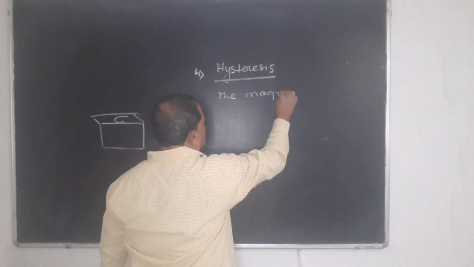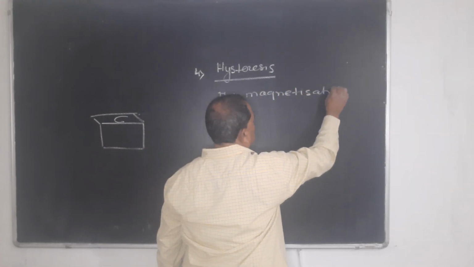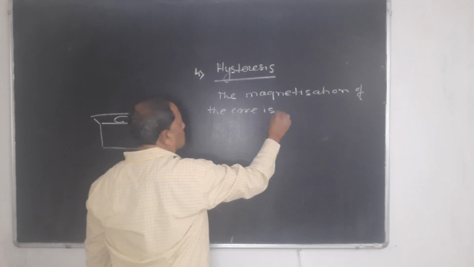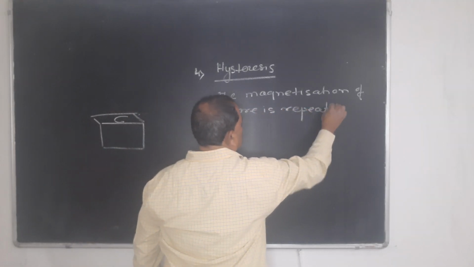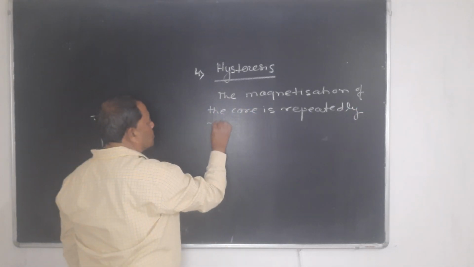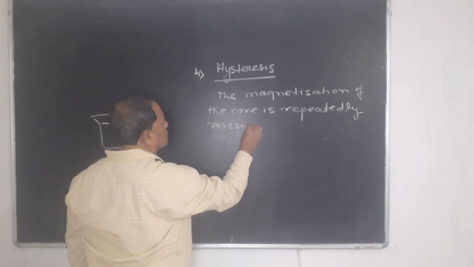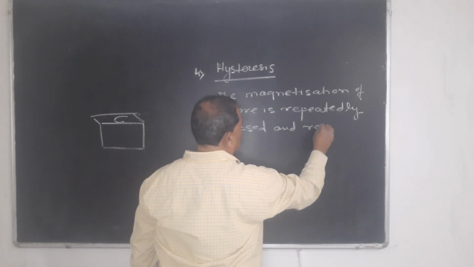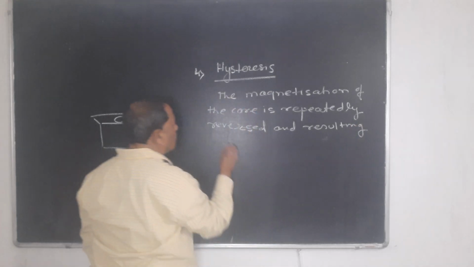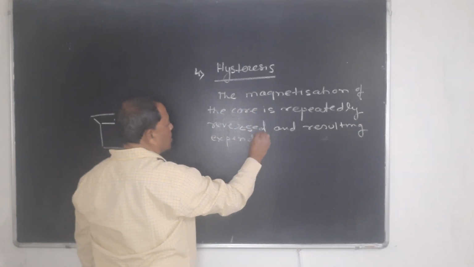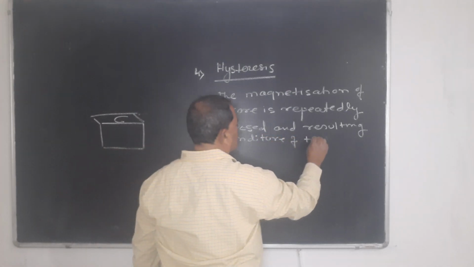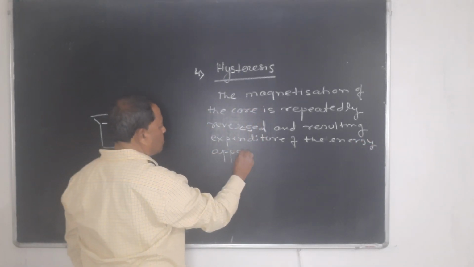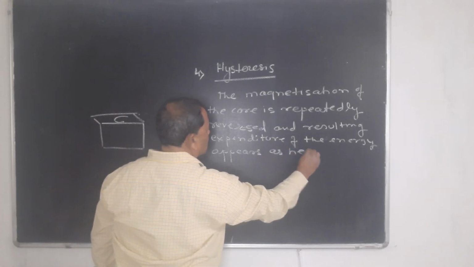The magnetization of the core is repeatedly reversed and the resulting expenditure of energy appears as heat.